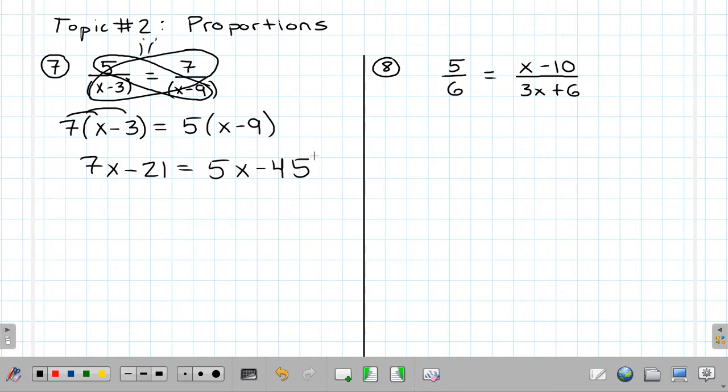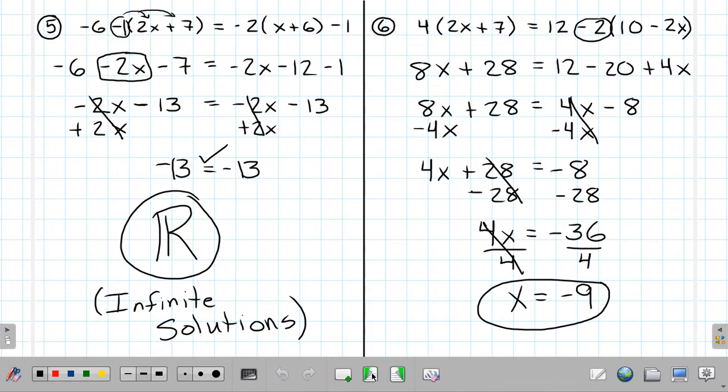And now we're at the same point. So what we've done here, once again, all I've done is distribute each one of these numbers, 7 and 5. Now we're kind of like what we had with all of these questions where we have variables on both sides.